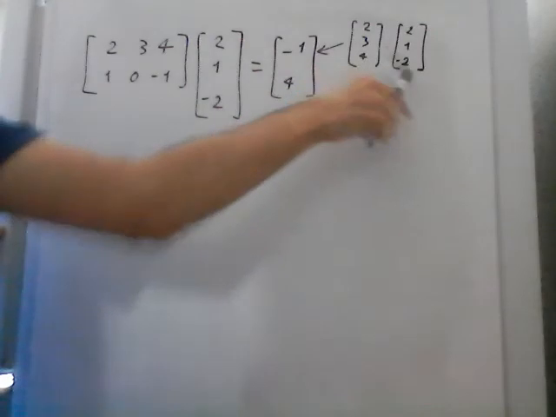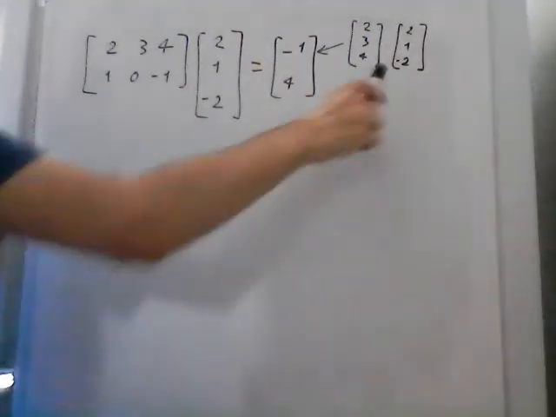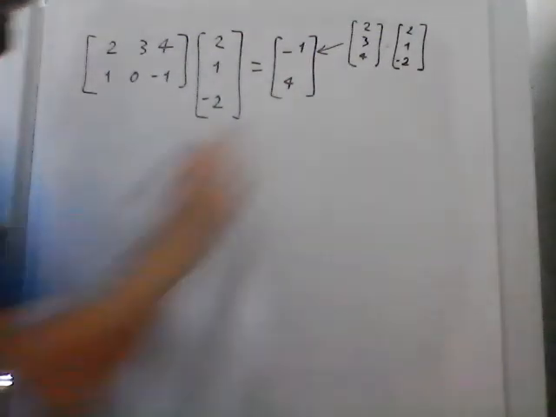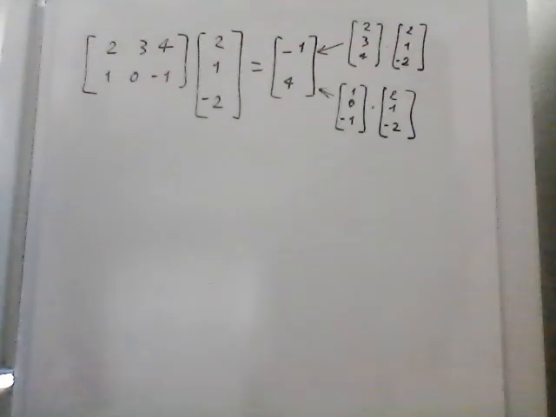If you do this dot product, you're going to get negative 1, because remember that the dot product is a number. And if we do the dot product of the second row, as a column vector, 1, 0, negative 1, with the vector 2, 1, negative 2, what we get is 4.